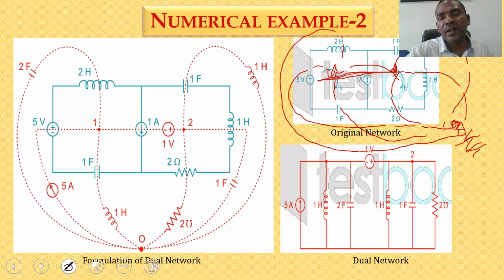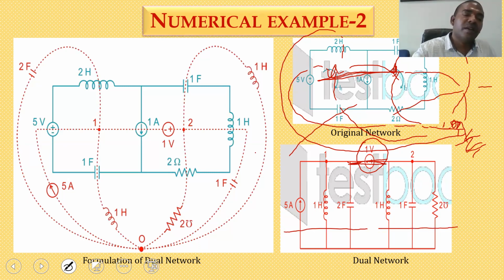There is a replacement of the voltage source by a current source, and the remaining three branches are represented like this, as shown in the dual elements. So this is the concept of duality and dual networks. Please go through the numerical problems to gain skills in the subject. Thank you one and all.